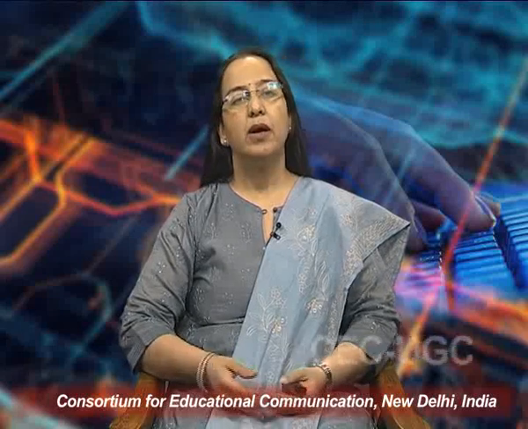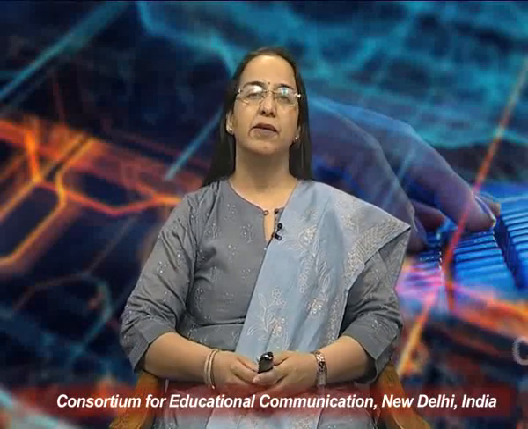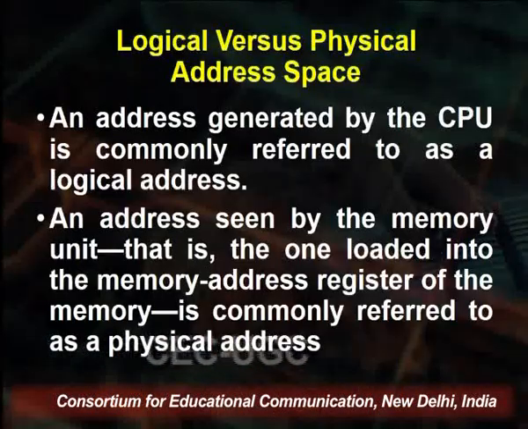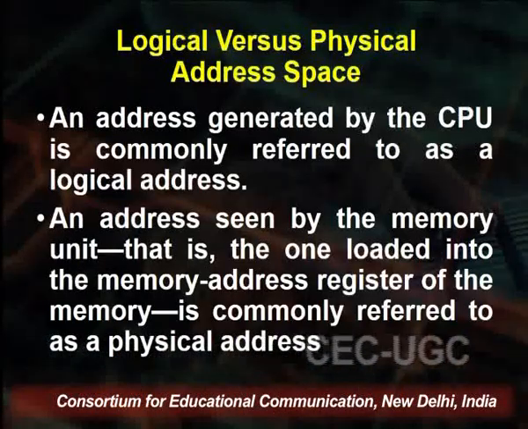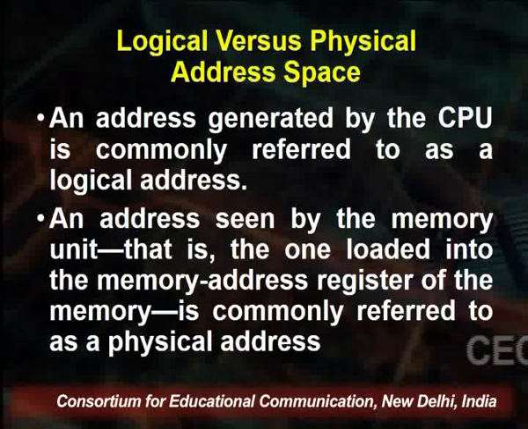An address which is generated by the CPU is a logical address, and the address that is seen by the memory unit, that is, the one loaded into the memory address register of the memory, is commonly referred to as a physical address.